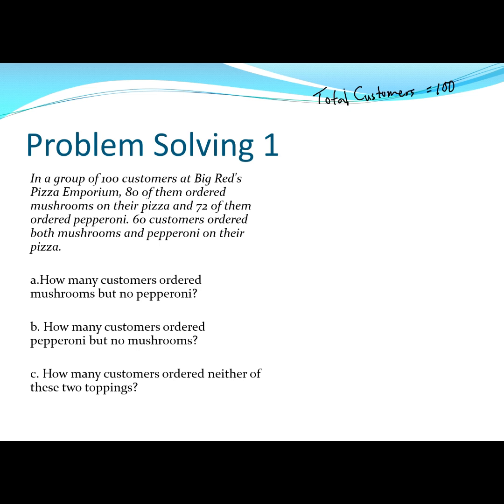The ones that ordered mushrooms equals 80. The ones that ordered pepperoni are 72. And then we have 60 customers that ordered both. So I'm going to put M with pepperoni, that's going to be 60. So how do we figure this out?